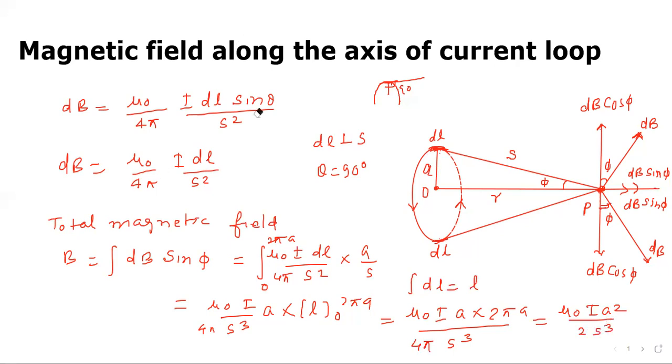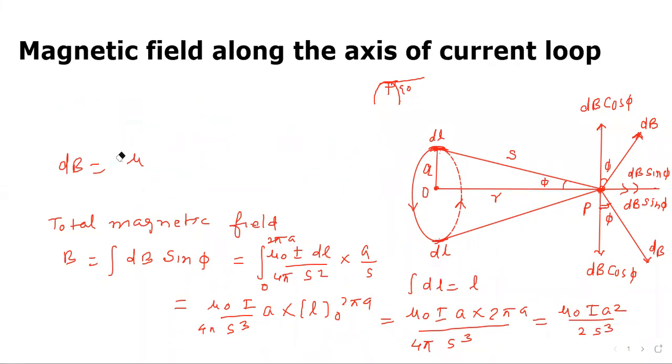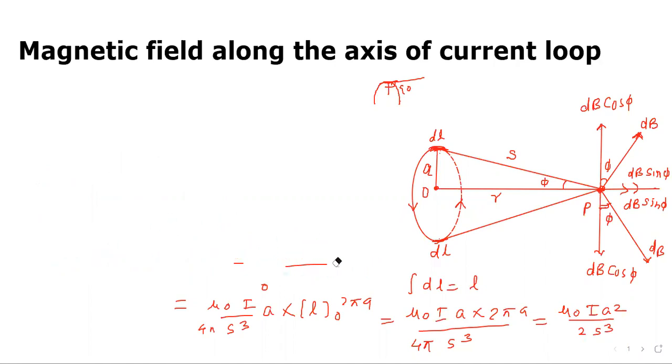Now we further simplify it. What do we get? We have got B equals mu naught I a square divided by twice of s cube.